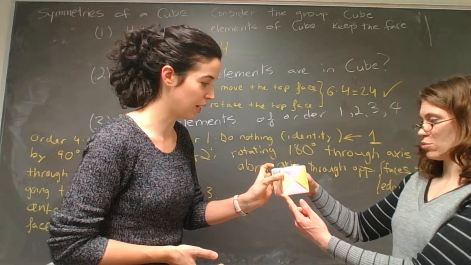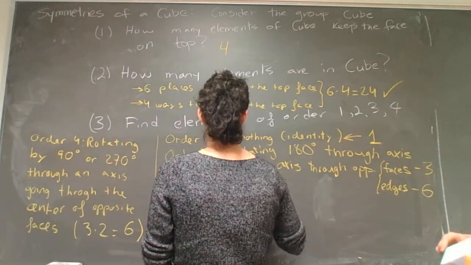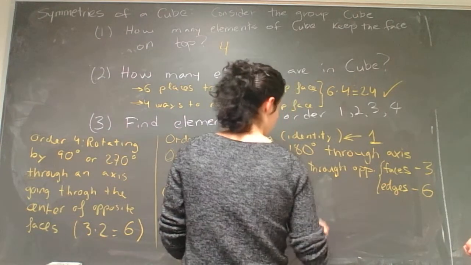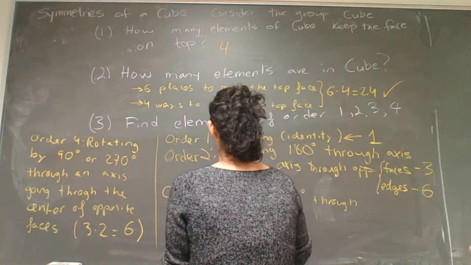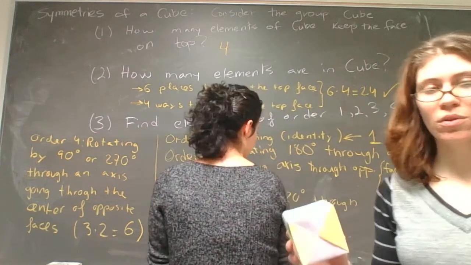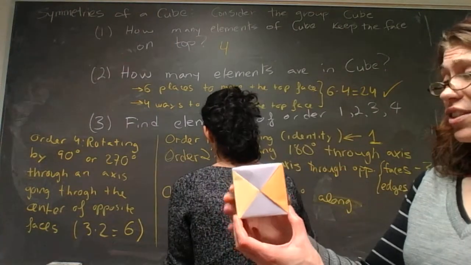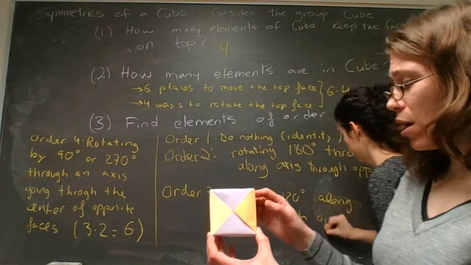So that had order 3, and we were rotating 120 degrees through an axis through opposite vertices. And so the question then is, how many vertices do we have?